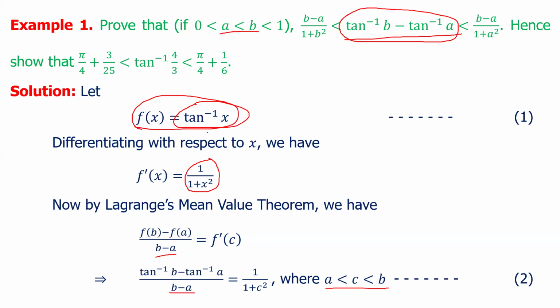Now, we have been given one very important condition: 0 is less than a is less than b, and b is less than 1. So let us use this to prove the result. Now we have a is less than c and c is less than b, because c is the value of x obtained by using Lagrange's mean value theorem.